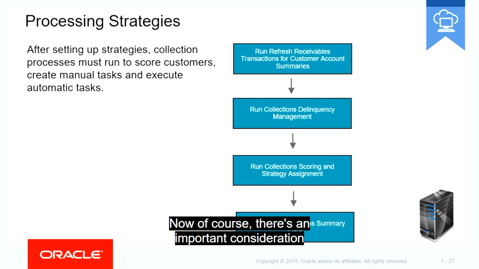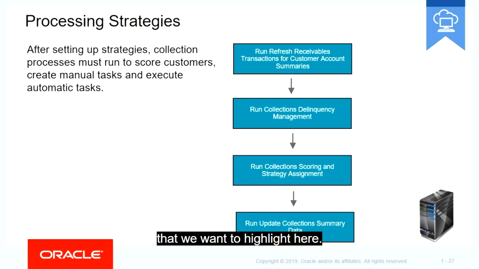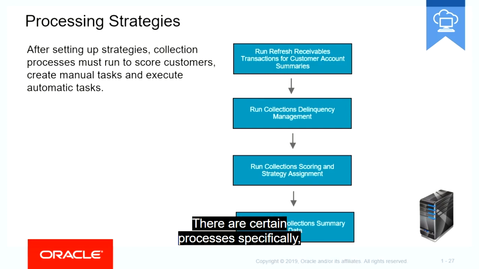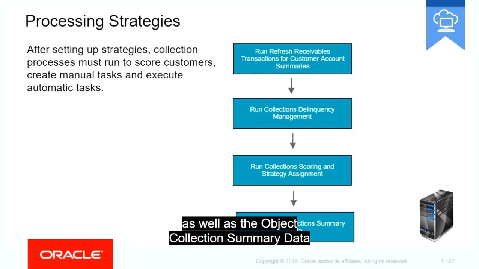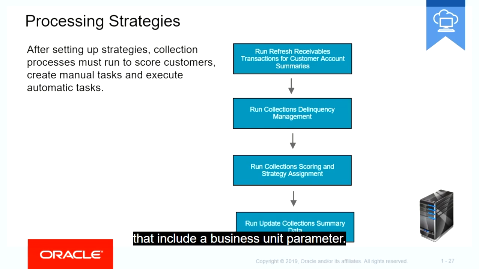Now, of course, there's an important consideration that we want to highlight here. There are certain processes, specifically the delinquency management process, the collection scoring process, as well as the update collection summary data, that include business unit parameters.